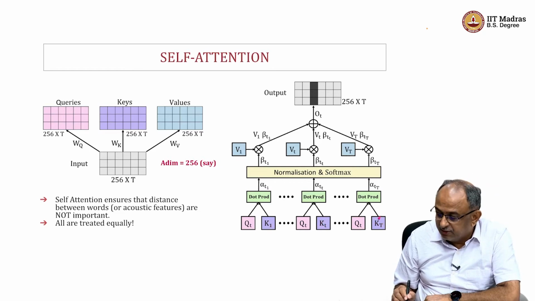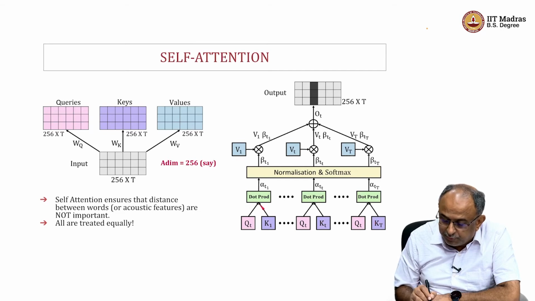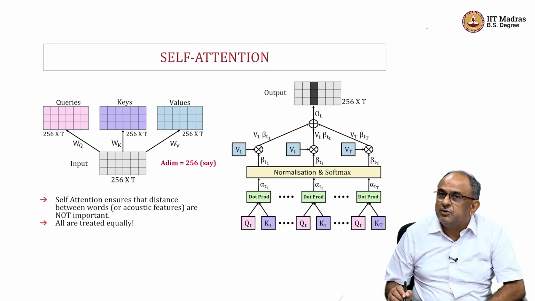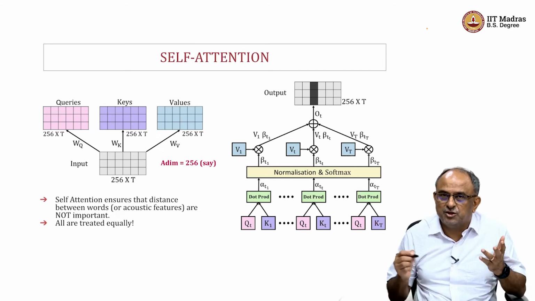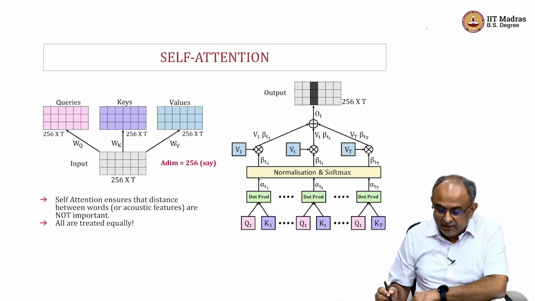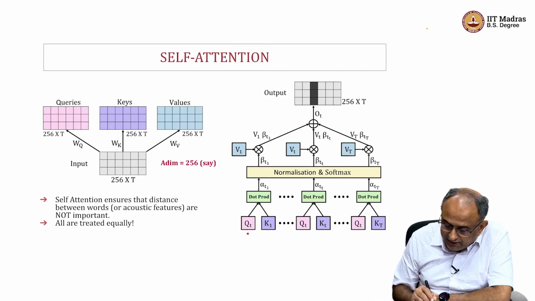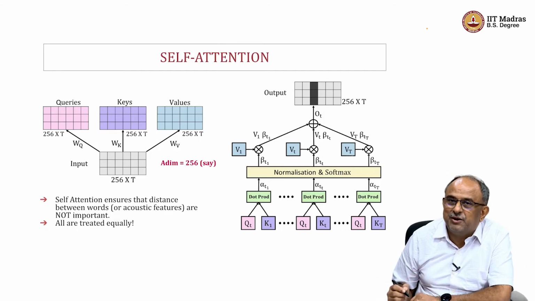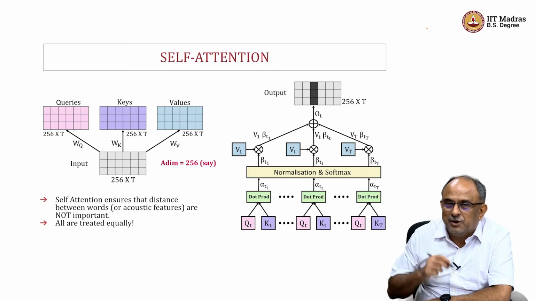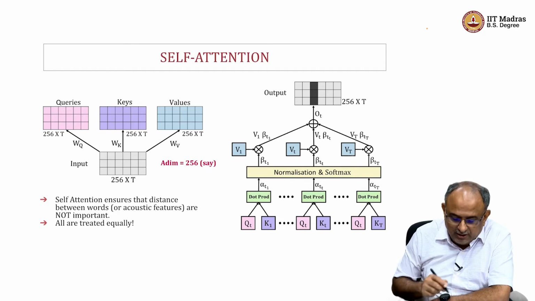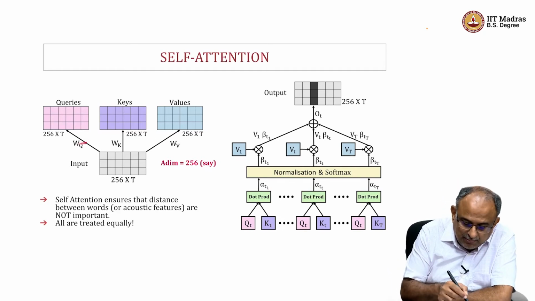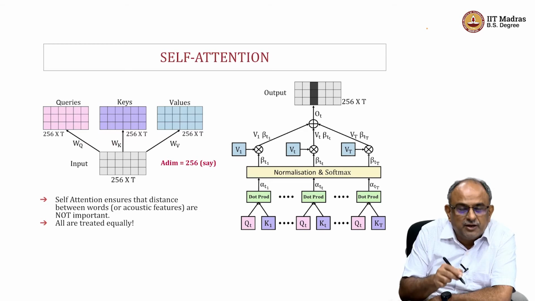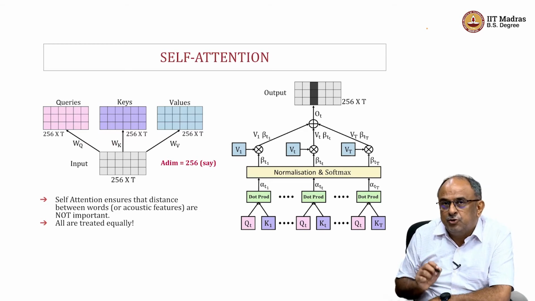Let us say there are 10 words, the 10th word. For each one of them, I am going to compute the dot product, which is nothing but the transpose or the inner product, whatever you prefer. Both the query and the key are coming from our embeddings only, but you are giving them special names. Actually, they are not the same because of these matrices, but for understanding purposes, do not worry about it.